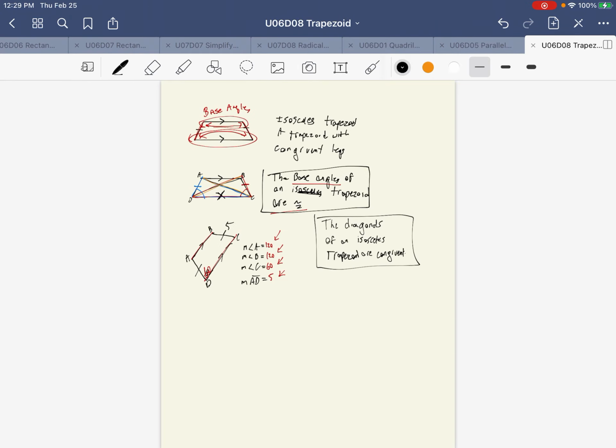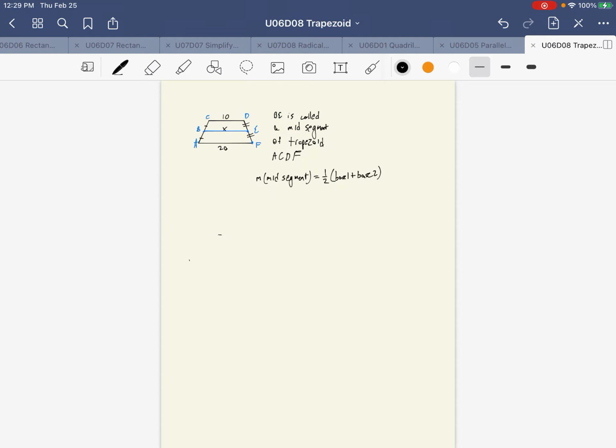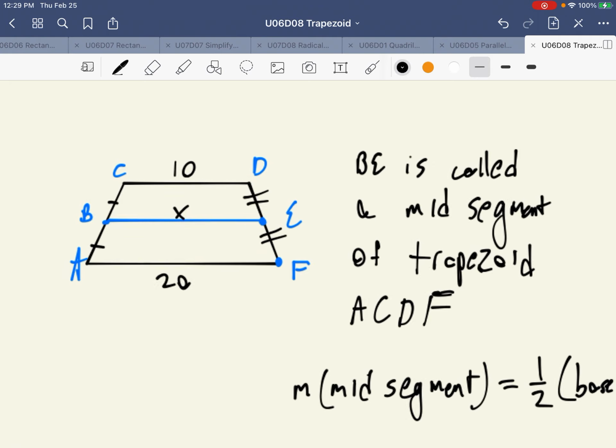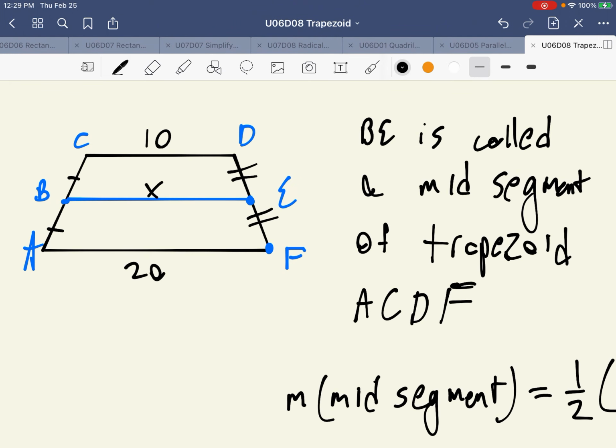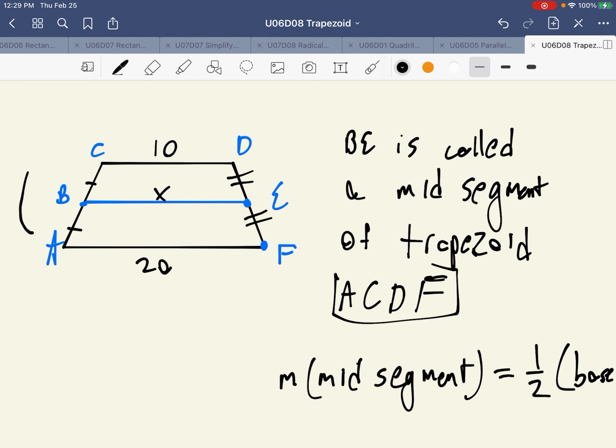all right, and there's one more property of a trapezoid we need to know before class on Tuesday, and that is the property of the midsegment. So BE in this trapezoid, ACDF, that's just reading the 4 points around the trapezoid, so that's ACDF. The midsegment is a line segment that connects the midpoints of both legs.